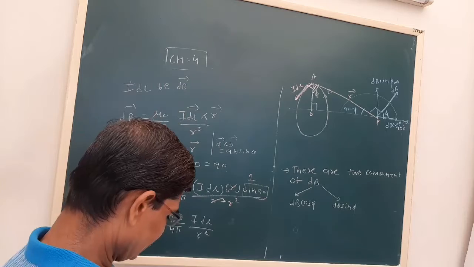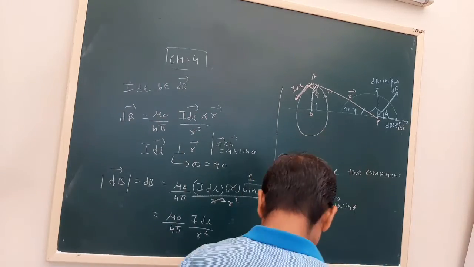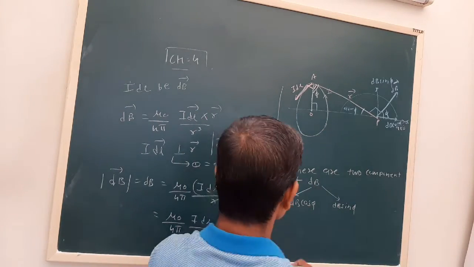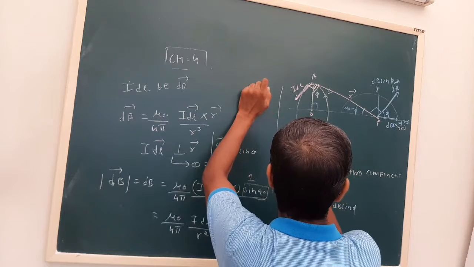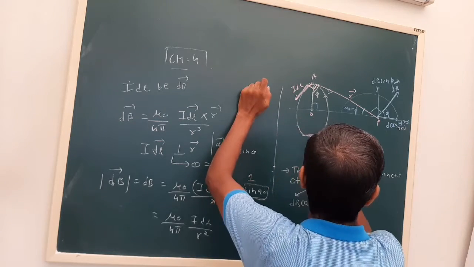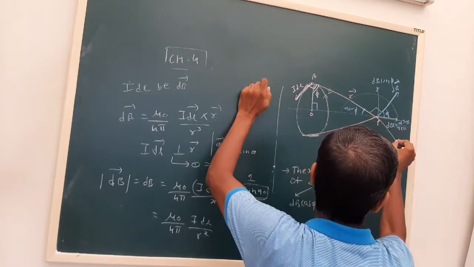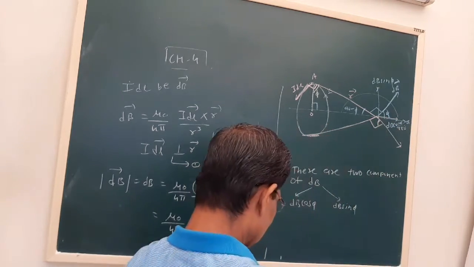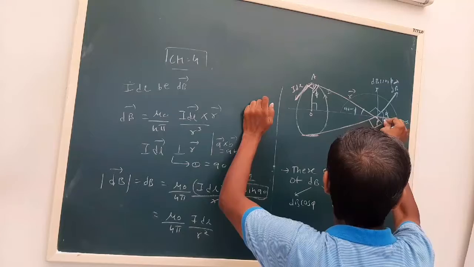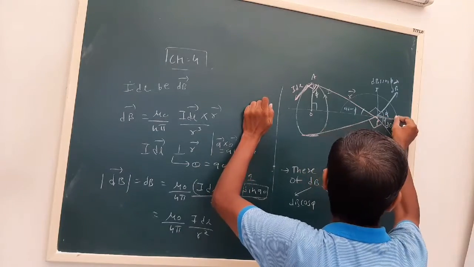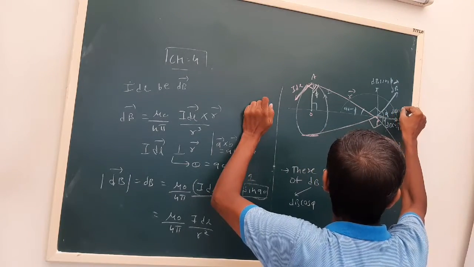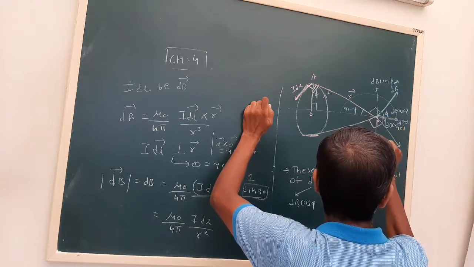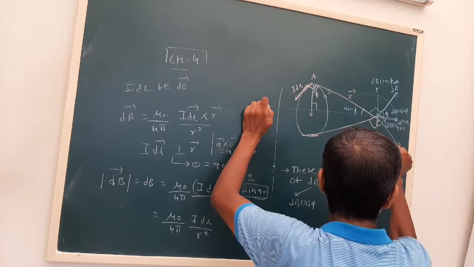Now suppose the current element is here. Then by the same reasoning, the magnetic field also will be here, and the angle also would have become phi. Again it has two components, dB cos phi and dB sin phi.